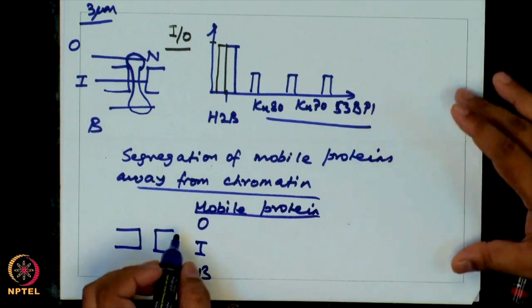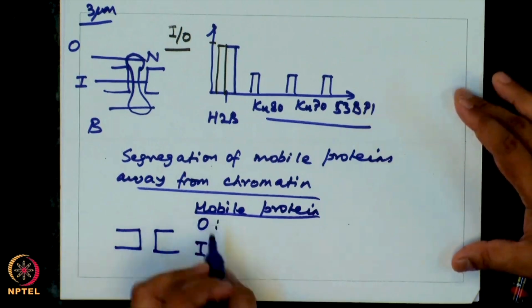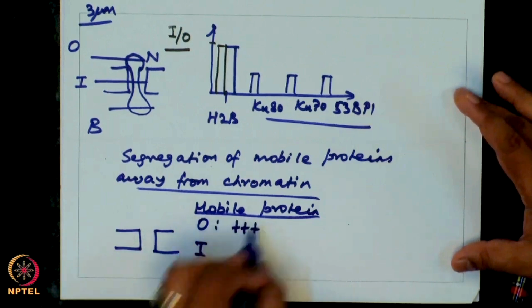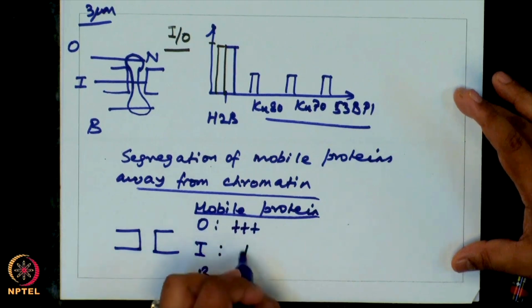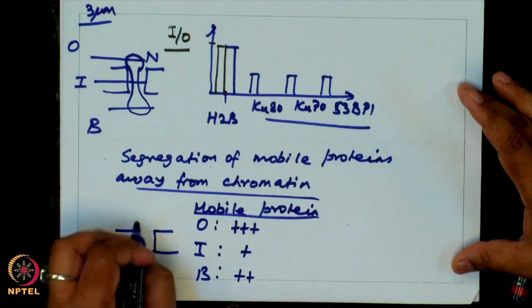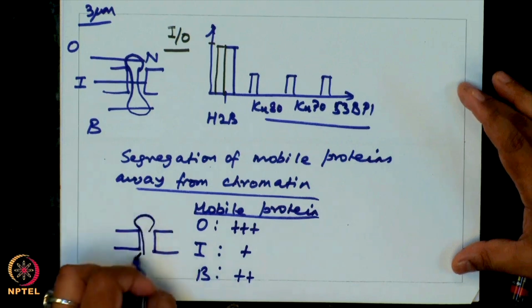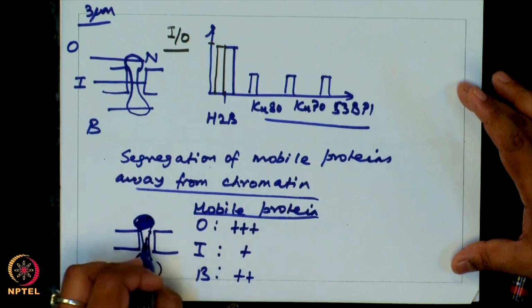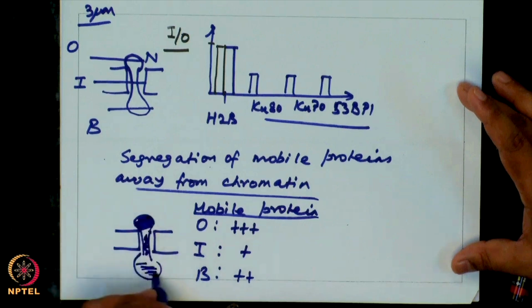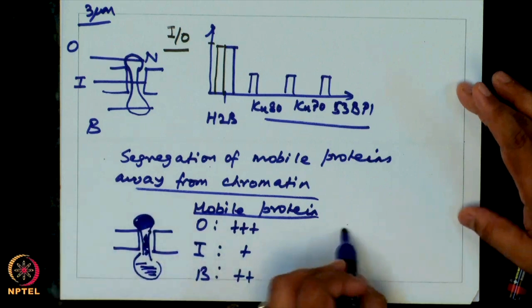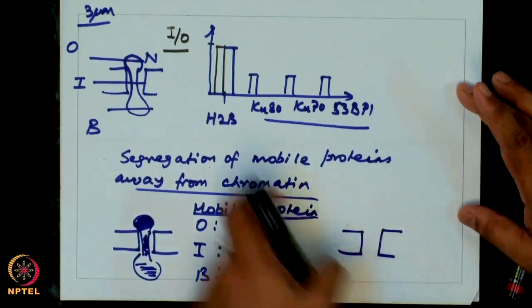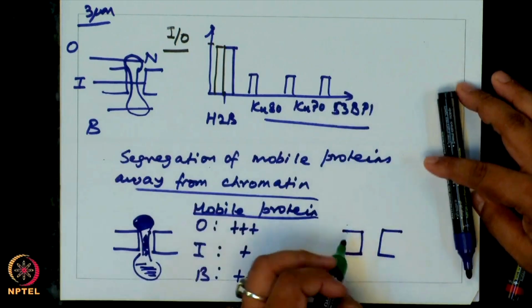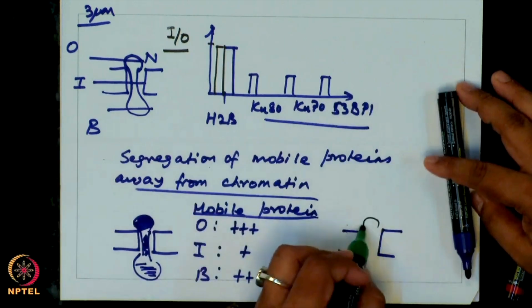Okay. In terms of intensity, what they found, if the outside is plus plus plus, the inside is plus and the bottom is plus plus. So, in the nucleus, you have a lot here, minuscule here and somewhat more here. Okay. So, versus if you do the same thing for the DNA, okay, the DNA exhibited the reverse thing.